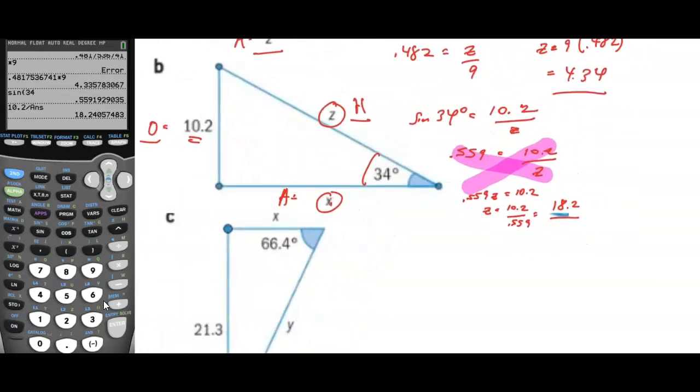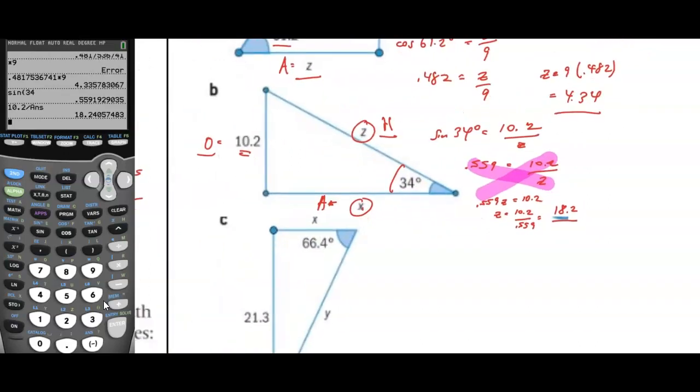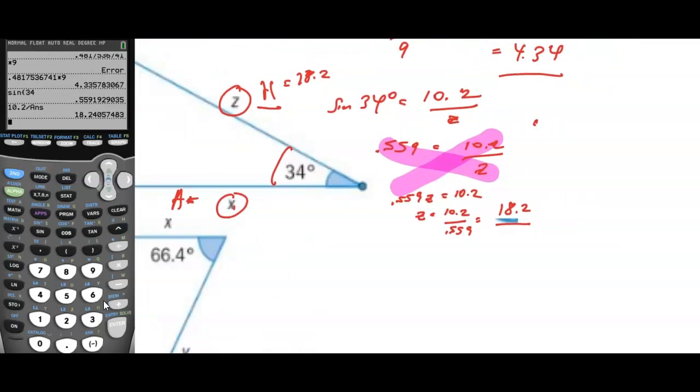Now let's find the adjacent. Now that we know the hypotenuse is 18.2, we can figure out the adjacent using cosine. Cosine of 34 degrees is equal to the adjacent x over the hypotenuse, 18.2.